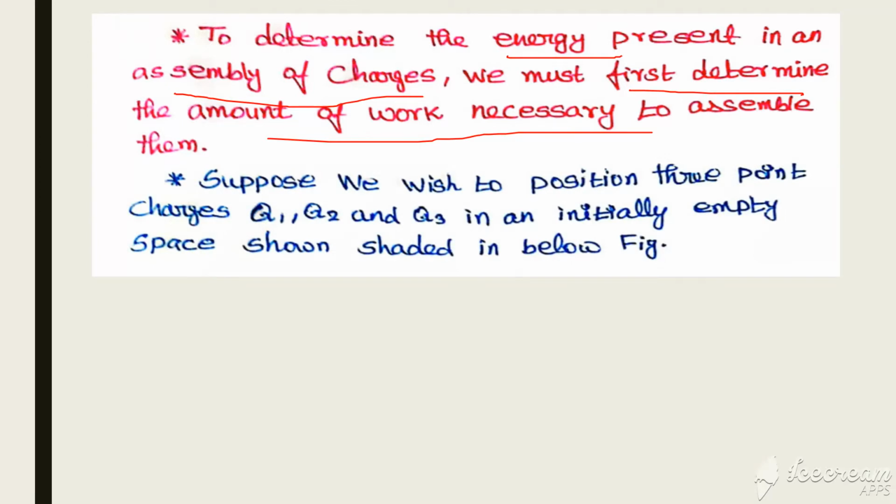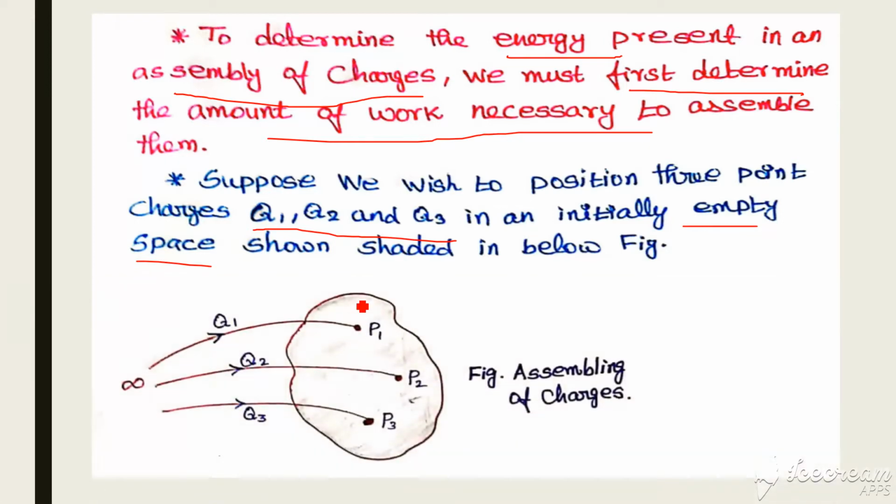Suppose we wish to position 3 point charges Q1, Q2 and Q3 in an initially empty space. This is very important. The space is initially empty, shown shaded in the figure below. This is the empty space.